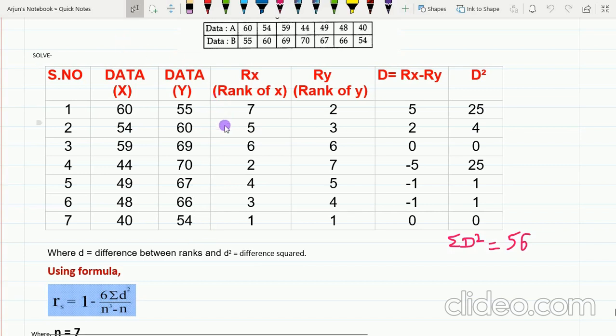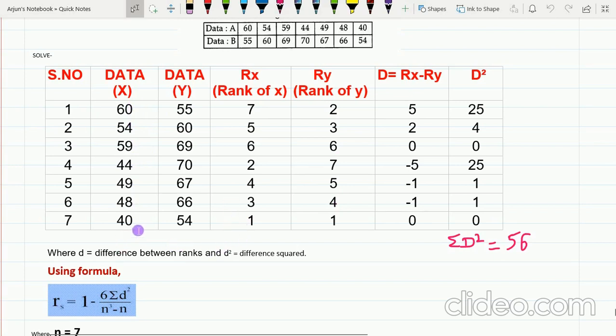After that, we are going to calculate the rank of X, and we denote it as Rx. Rank of X, I told you earlier also, either you can go in decreasing order or increasing order. Ascending or descending, you can follow anything, but whichever you follow, you have to do the same for both. The same for rank of X and the same for rank of Y. Fine. Now in this data of X, what is the smallest number? 40. So I have given it first.